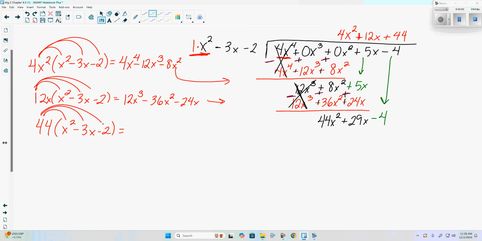So we're going to do 44 times x squared, which lo and behold is 44x squared. 44 times negative 3x. Can't do that all in the calculator, but I can do negative 3 times 44. 132, and we can put the x back in. And lastly, 44 times negative 2 is negative 88.